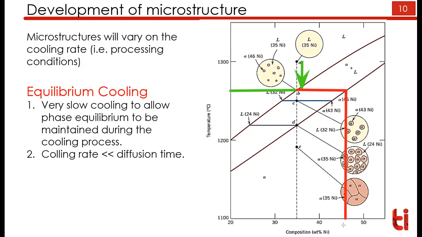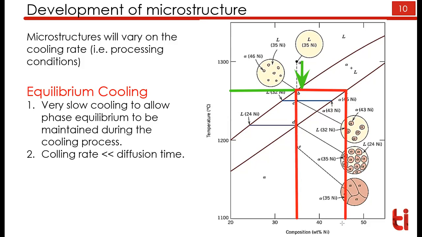The x-axis represents my composition, so this composition is roughly 46 weight%. This is the composition of the solid, 46 weight% nickel, found from the tie line. This boundary I'll touch, and this is my alloy composition also, 35 weight%. So the liquid has 35 weight% nickel, and the solid alpha has 46. In alpha, we have more nickel.